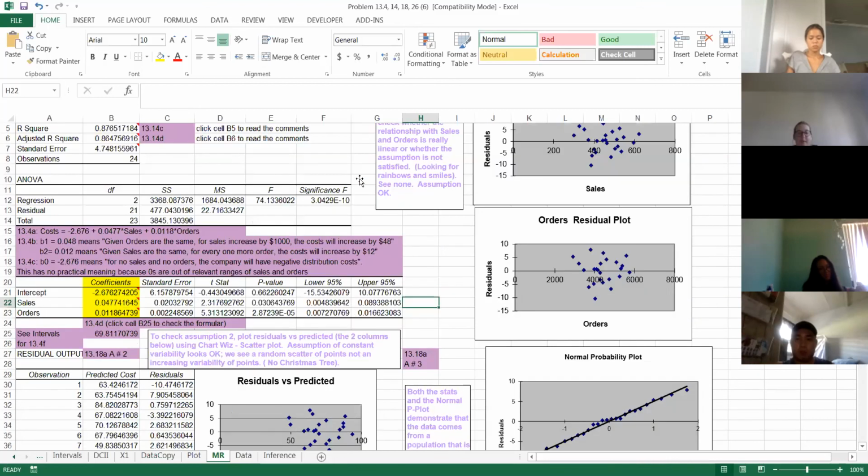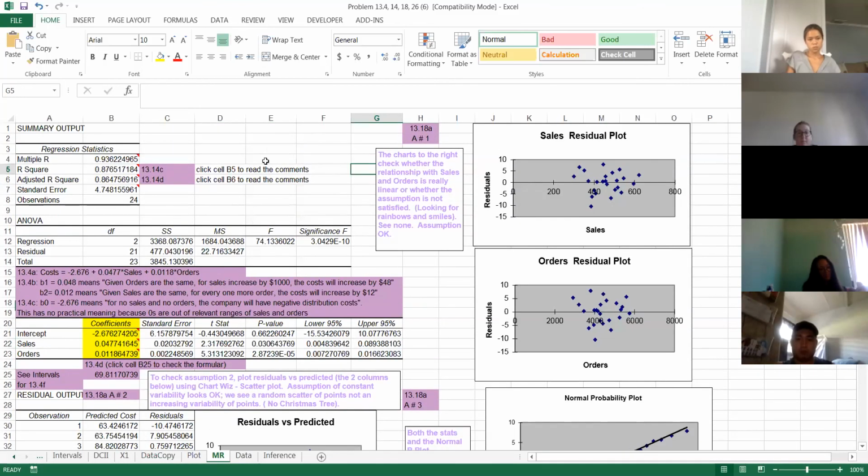Remember on the very first day of class, I know it seems like a long time ago, I showed you guys this slide. And I said, watch, you're going to be able to read this. And you thought, no way, this is crazy. And so now let's take a look at this. This is our regression. Multiple R, correlation.